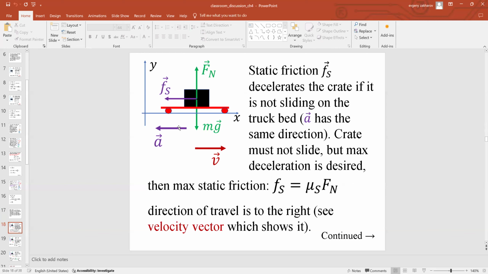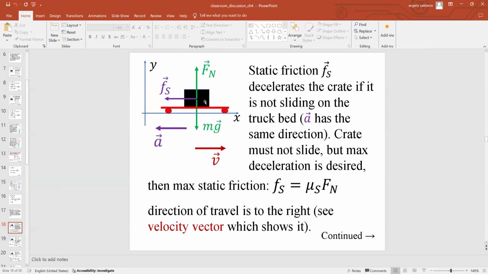And I mean, that's one way to see that acceleration is to the left. The other thing is to analyze the friction. You got to understand that the only force that prevents the crate from hitting the cab is the static friction. Static friction is opposite to direction of attempted slide.